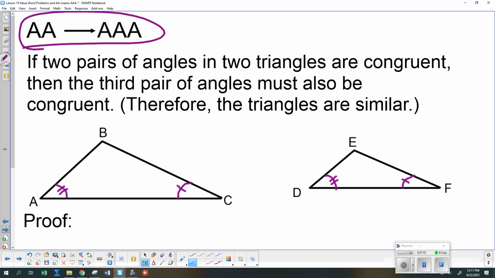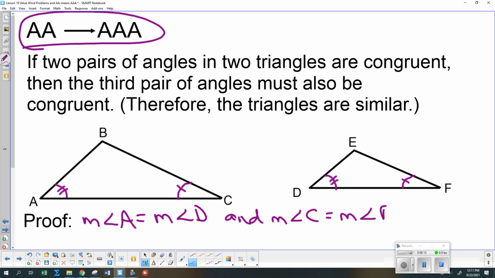We've already marked that some of those angles are congruent. So when I do my proof, that means that the measure of angle A is the same as the measure of angle D. And the measure of angle C is the same as the measure of angle F. And that is given.